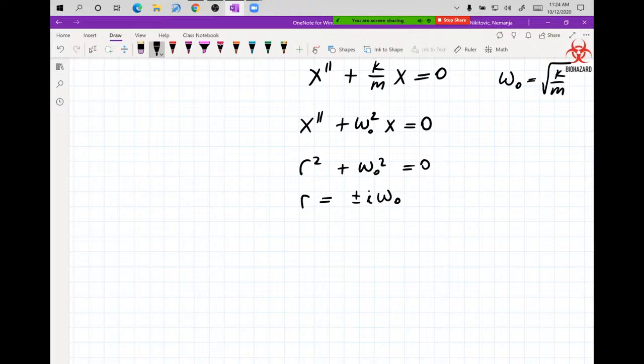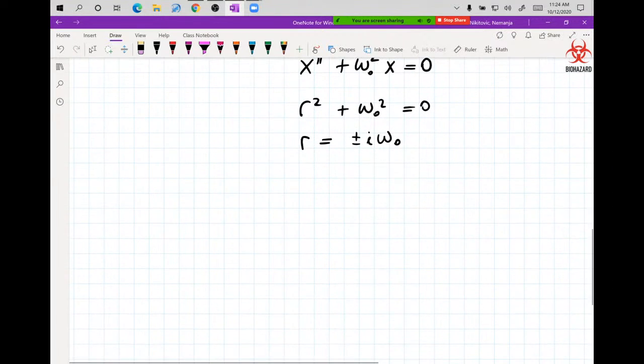Remember, when you move this to the other side, it becomes negative omega 0 squared. When you take the square root of that, the negative spits out an i, and the root cancels the square, giving you just omega 0. So that's the basic algebra on the side.